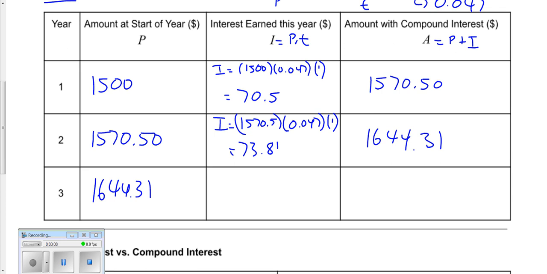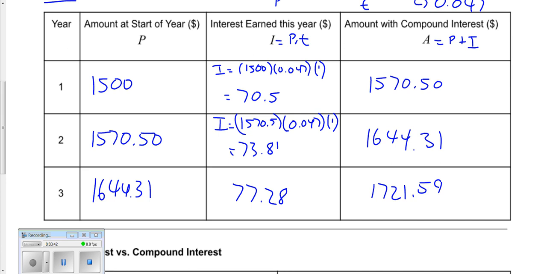If I calculate the interest that I'm going to earn on that, I get $77.28. And then that means that my final value after those 3 years is a total of $1,721.59.